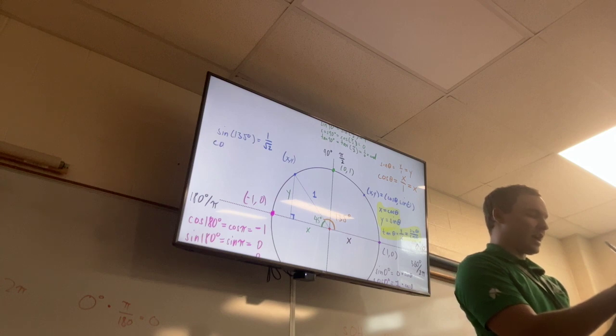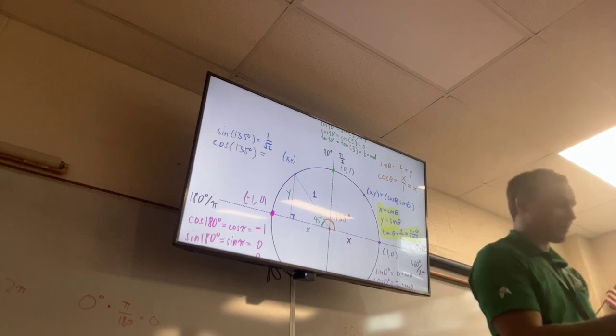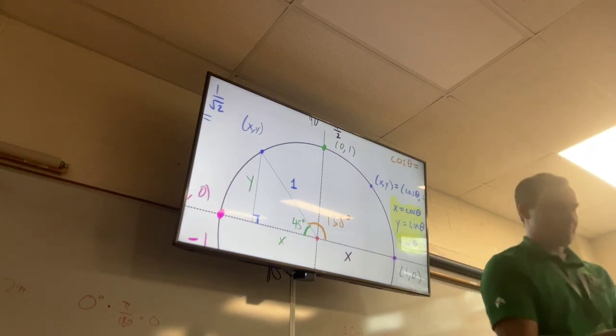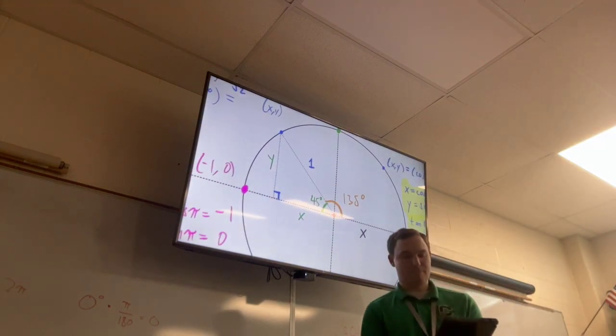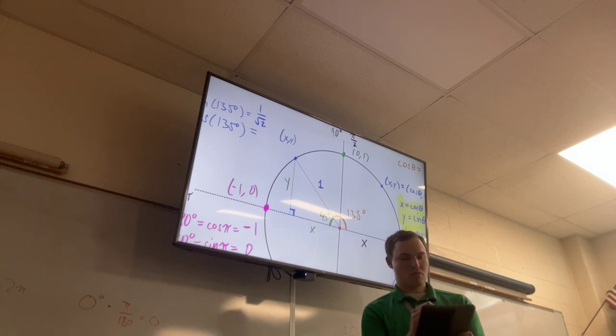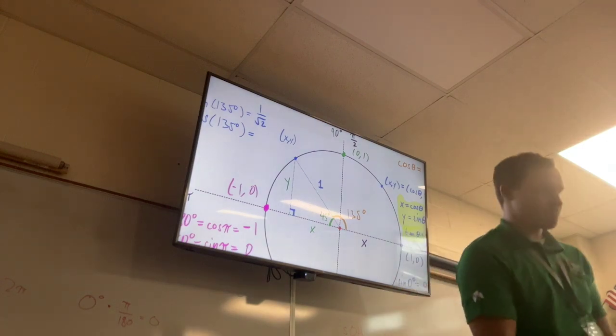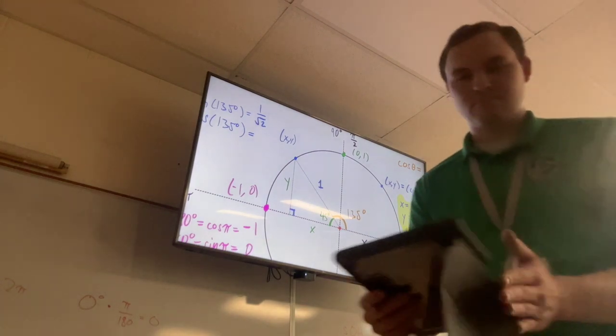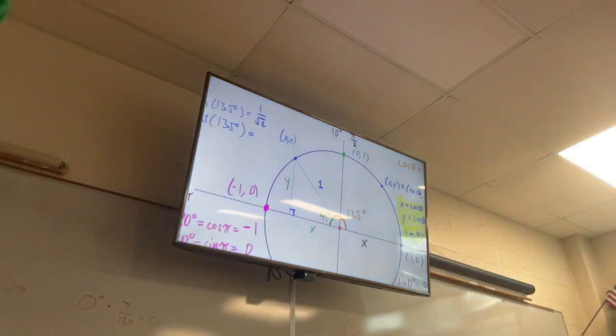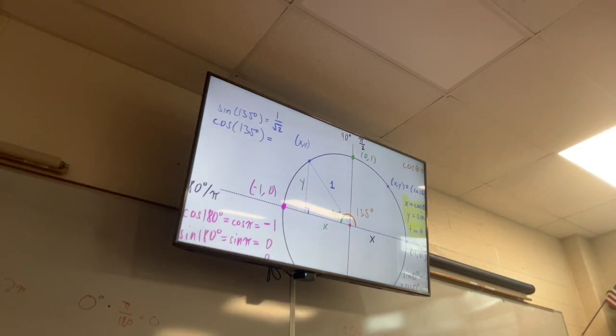What's the cosine of 135 degrees going to be? It's going to be the same as 45 degrees except for one thing. What's the cosine of 45 degrees? 1 over root 2, yep.